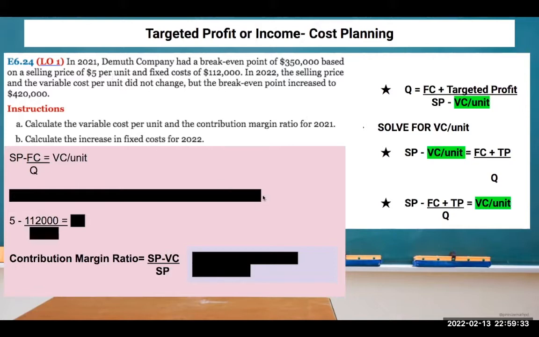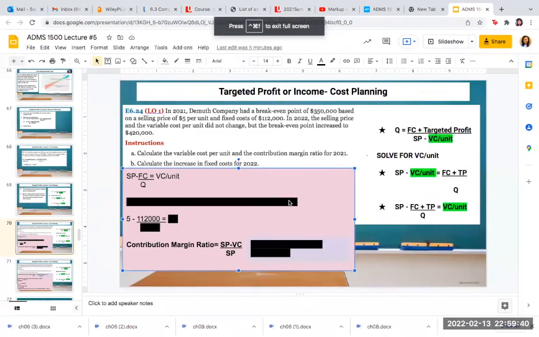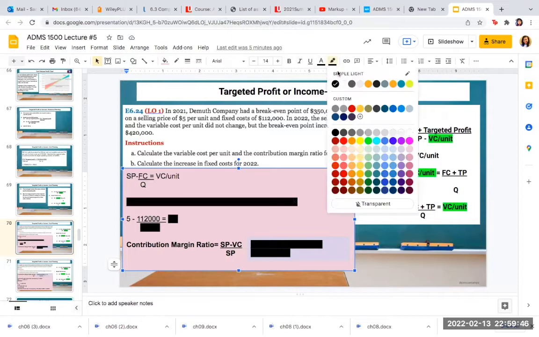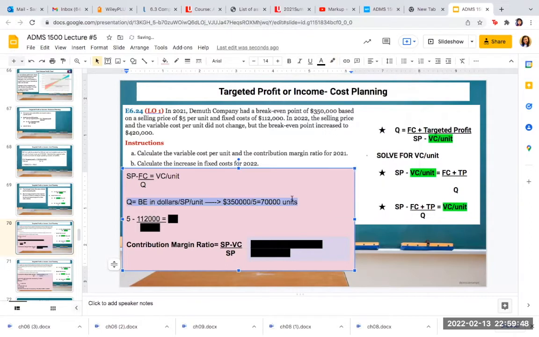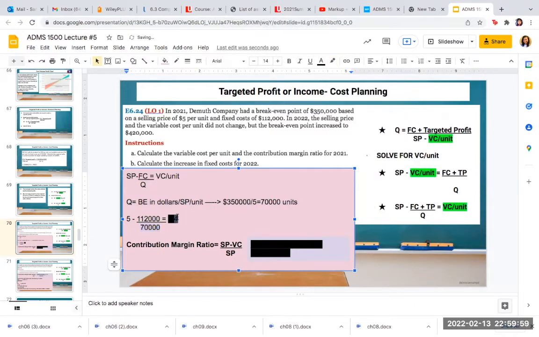And that's what you'll see that I did here. So this gave us 70,000 units. So with 70,000 units, we now have the quantity and we can solve for variable cost per unit, which is 3.4.